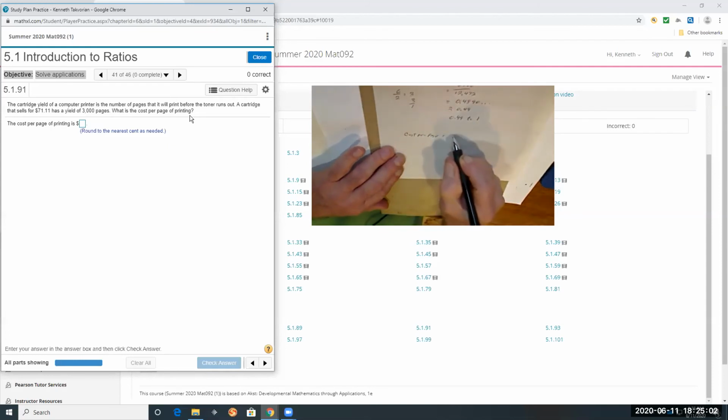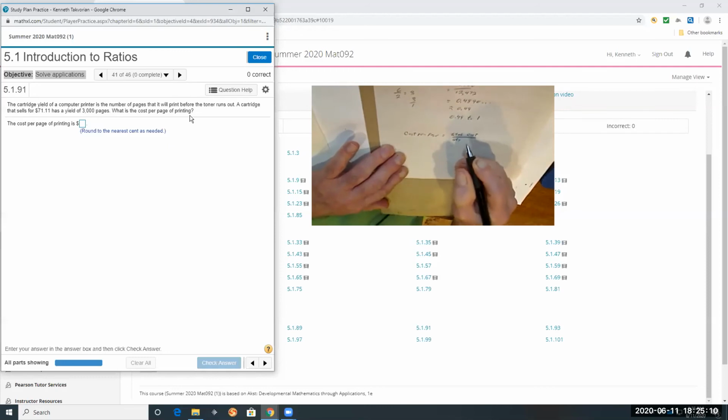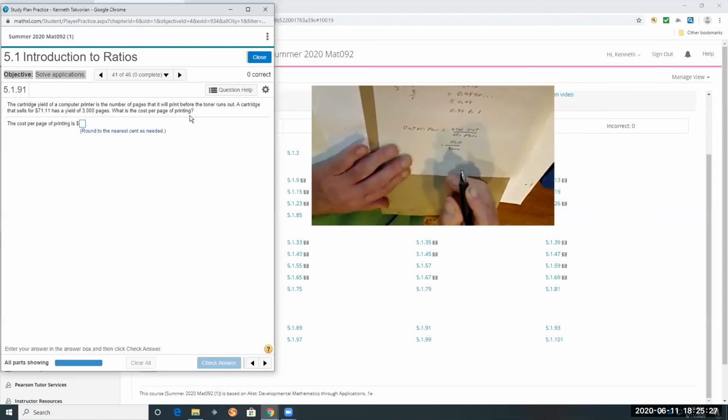So cost per page is total cost divided by quantity of pages. The total cost is $71.11. The total quantity of pages is 3,000. Again, we're going to use our calculator to divide out.